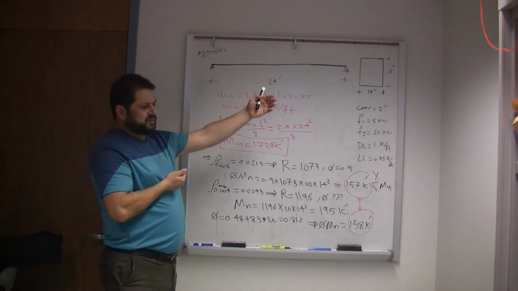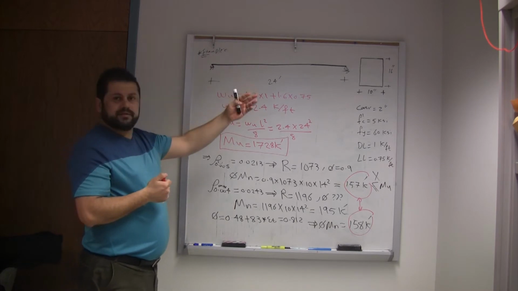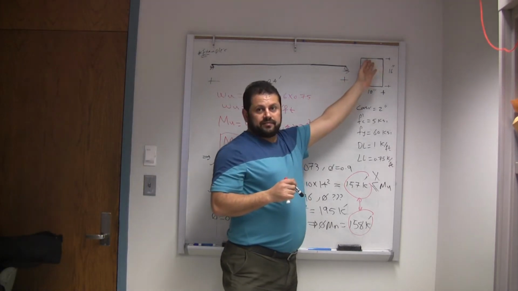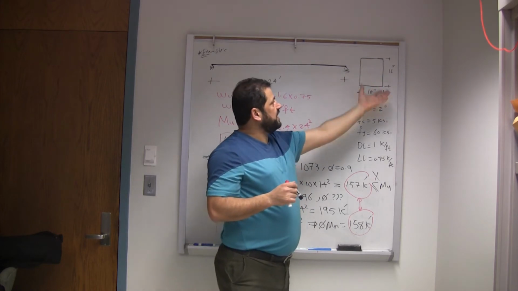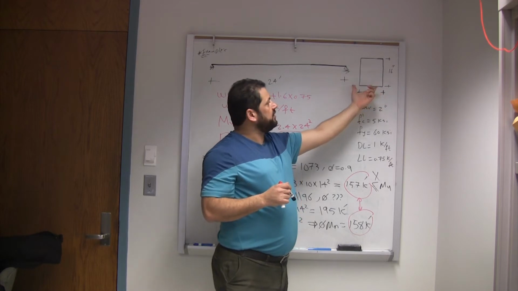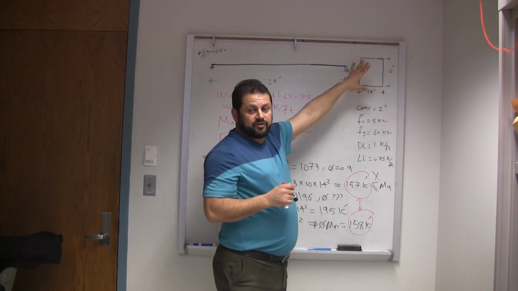Basically, you need to design this one as doubly reinforced now. You need to help with compression steel, if we want to go with that. Or you can change the dimensions. If you are allowed to change, the width B would sometimes be flexible. The depth you may have problem with.